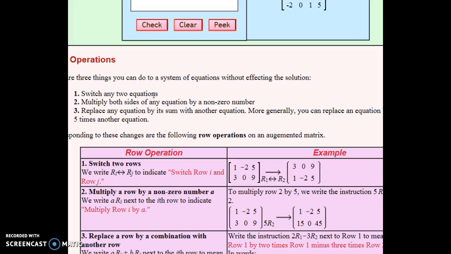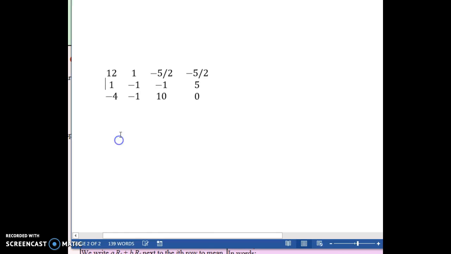So if you have a situation like this, where you want a 1 in this top spot, the easiest thing to do is just switch row 2 and row 3. This whole thing would become the second row, and this would be the first row, and that would put the 1 right up there on the diagonal.